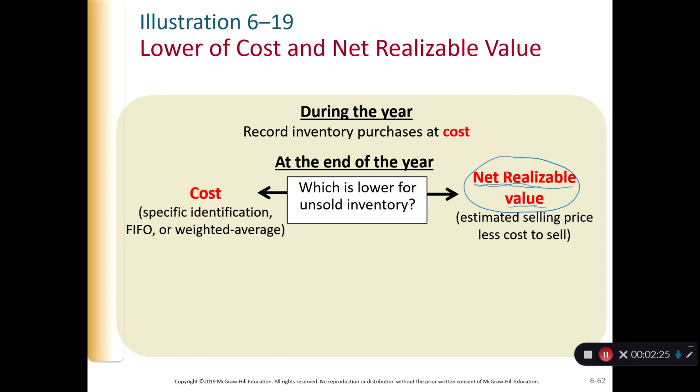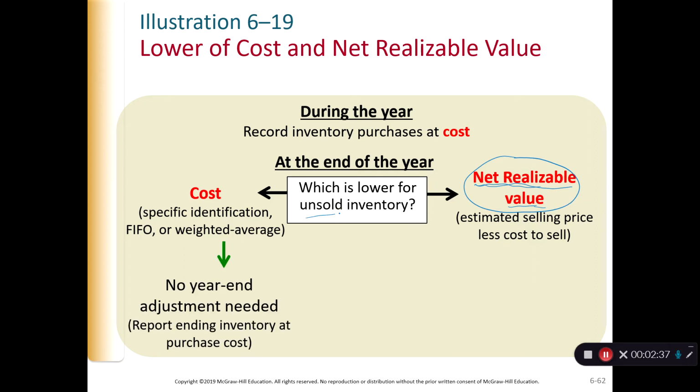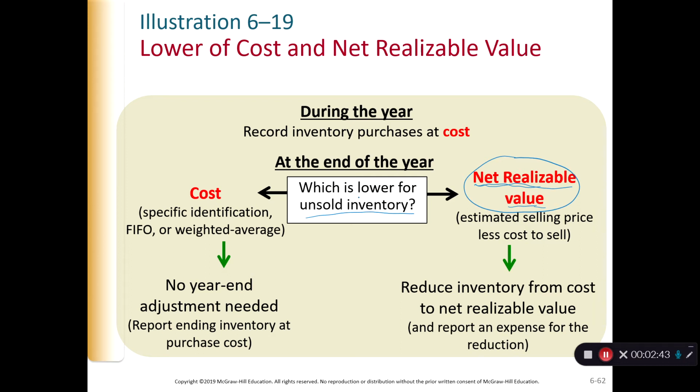Hence, the net realizable value of that inventory is really low. So once you determine both the cost and the net realizable value of the inventory, you have to report the unsold inventories. So how do you report that? If you find the net realizable value is lower than your cost, you have to reduce the inventory from the cost to the net realizable value and report an expense for the reduction.